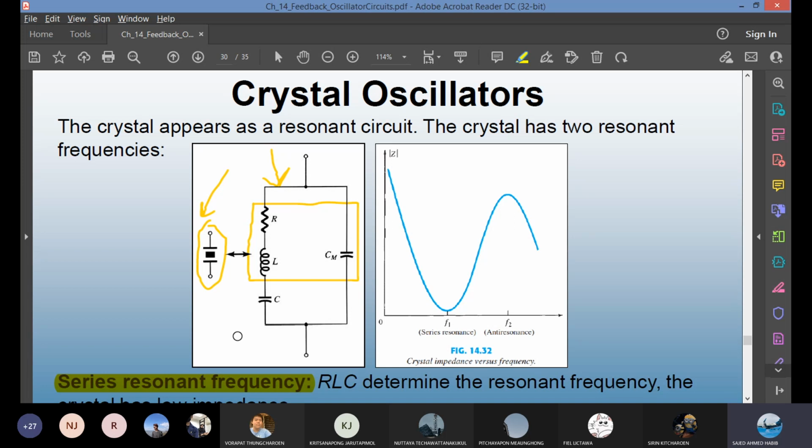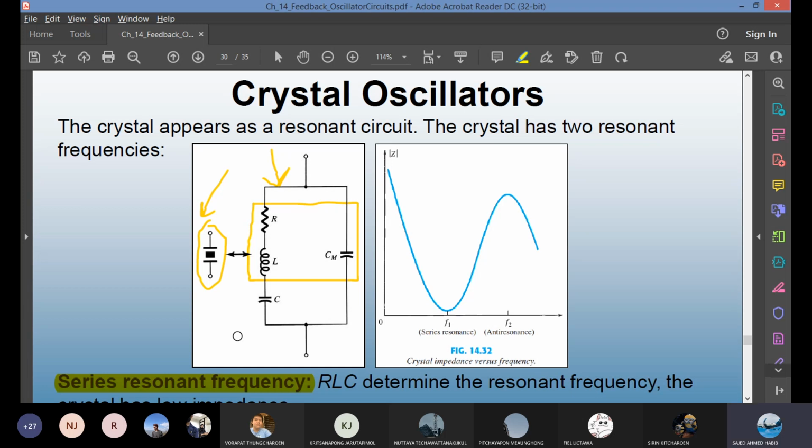In nature, you cannot find a beautiful diamond. You have some ugly rock, but once you cut and polish it in the factory, it becomes a diamond, and then you pay a lot of money for it. Crystal is like that. Take a quartz and then cut and polish it. After cutting and polishing, it has its own resonant frequency. It depends on the cut and shape.